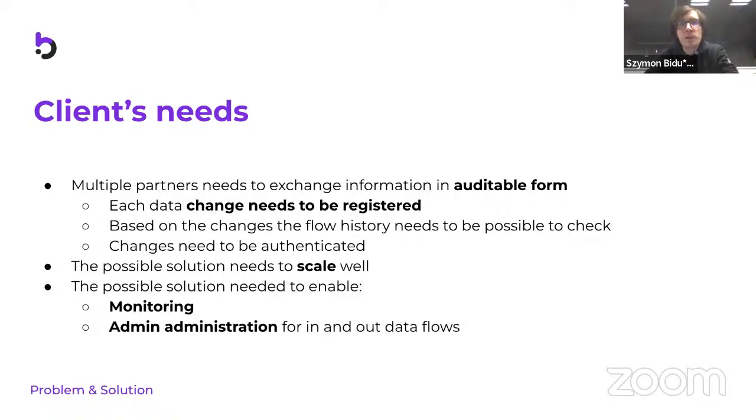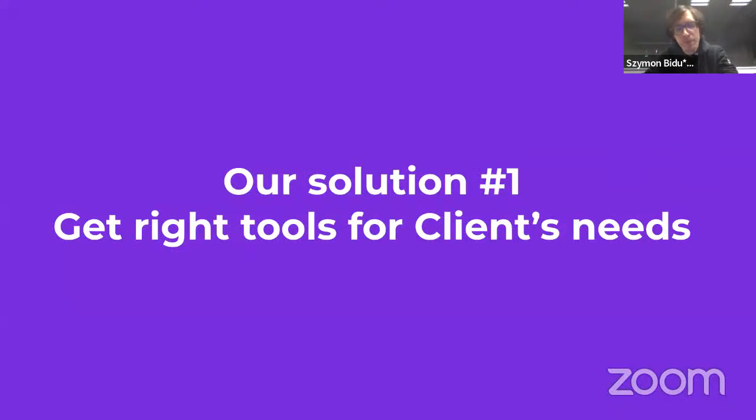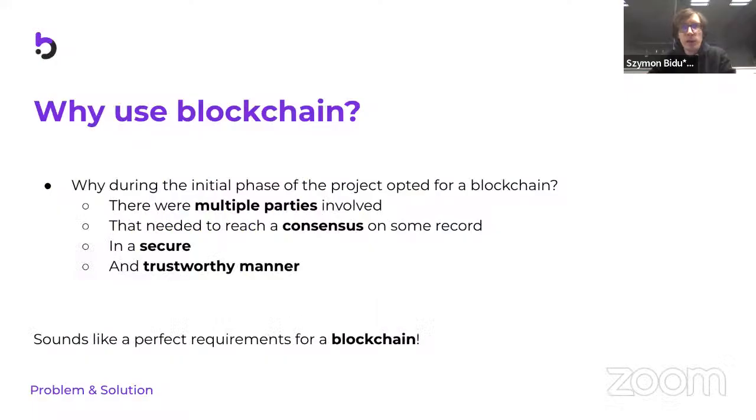And based on that, we started thinking about what tools could help the client with this particular need. So we started from the very bottom, and we realized that because there are multiple independent parties, multiple independent branches, they need to have a consensus of how the data was flowing in and out of them in a secure and trustworthy manner.